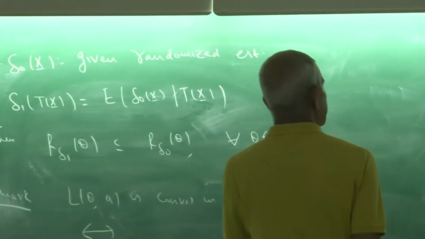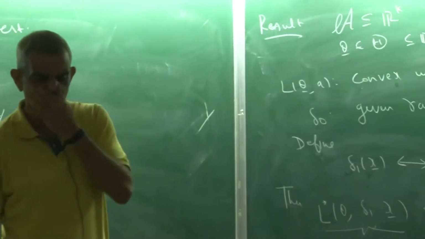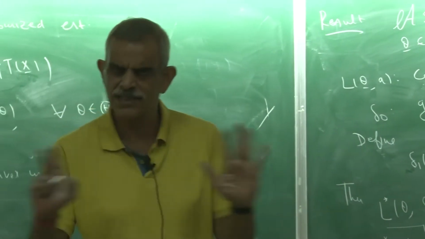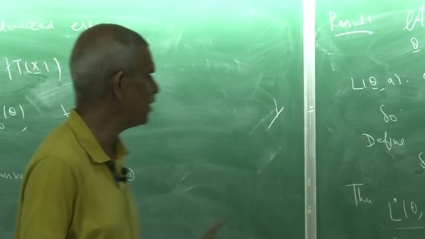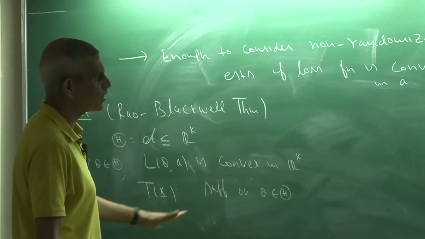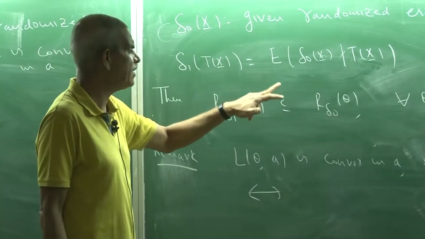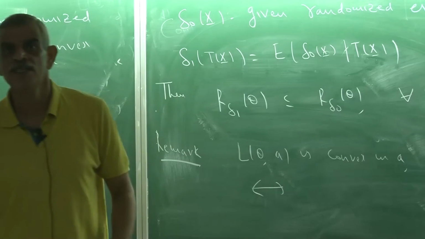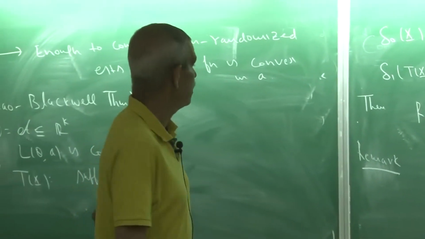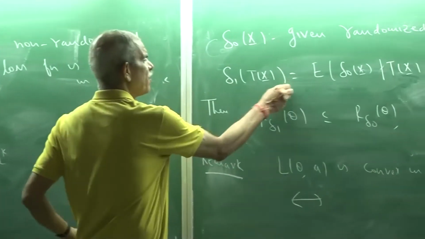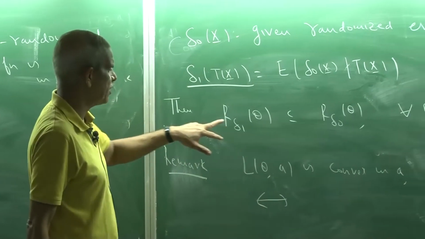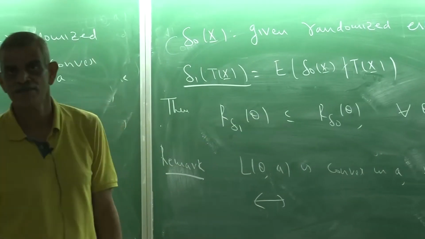So this result ensures that if your loss function is convex, you should only consider non-randomized estimators. What does the second result ensure? That if your loss function is convex, then given any randomized estimator, you can find a non-randomized estimator based on the sufficient statistic such that its risk is smaller.